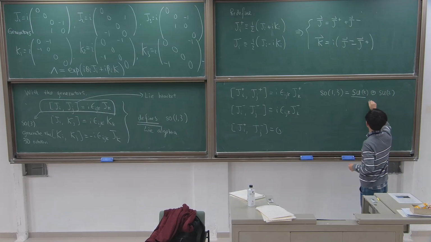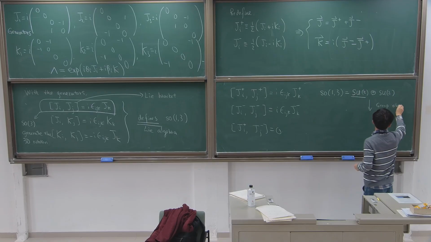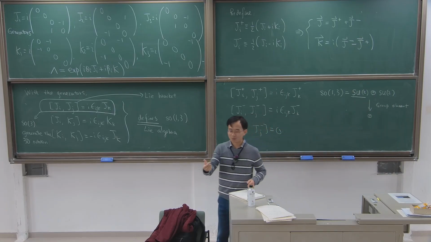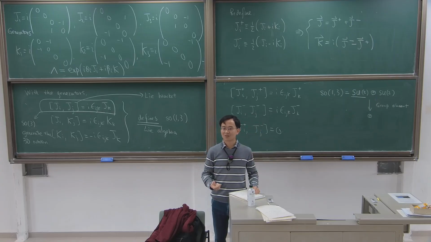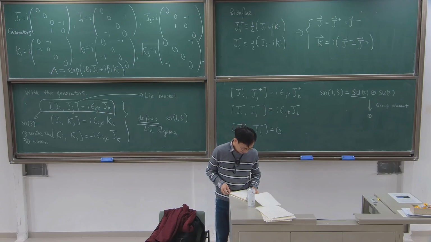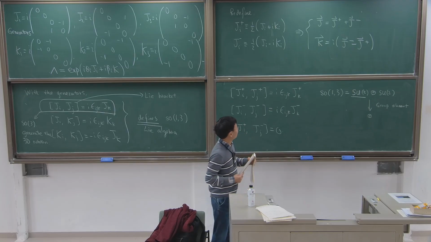Now, if you go to the group element level, this sum essentially becomes a product, because we know the generator has to be put in the exponential to form a group element. It really does the physical transformation. Now it's easy.